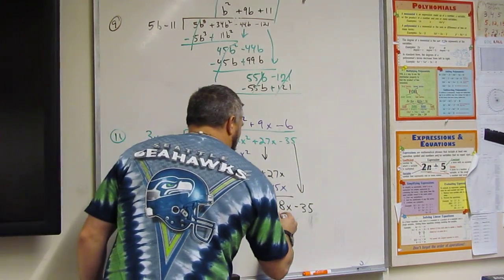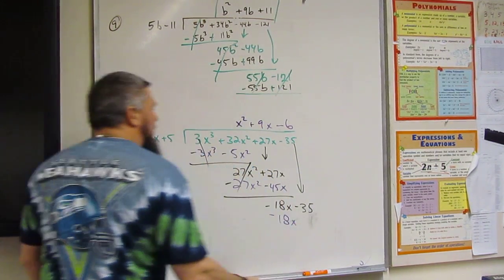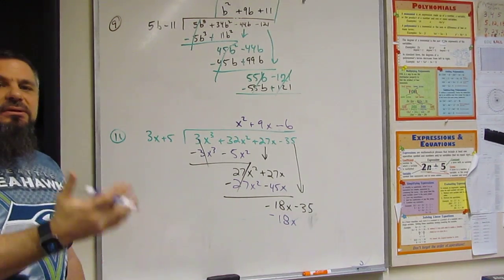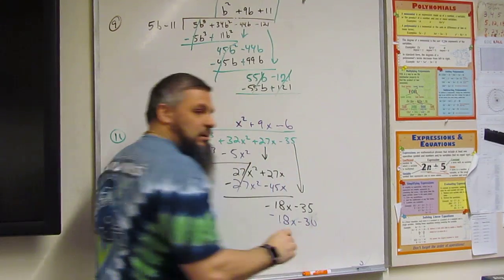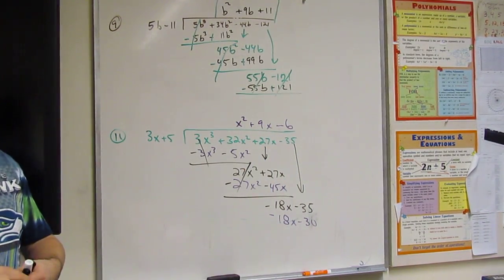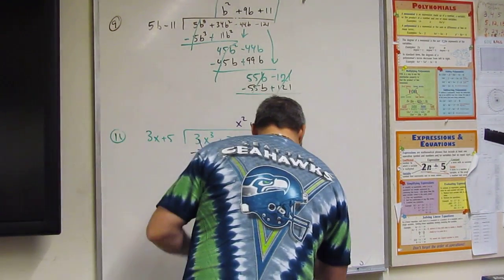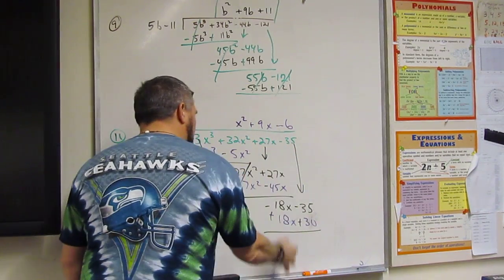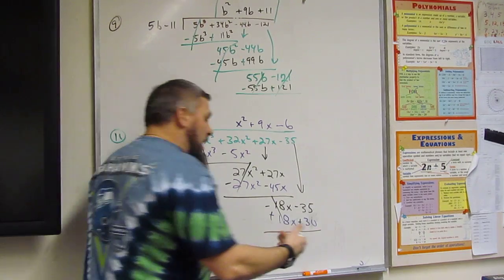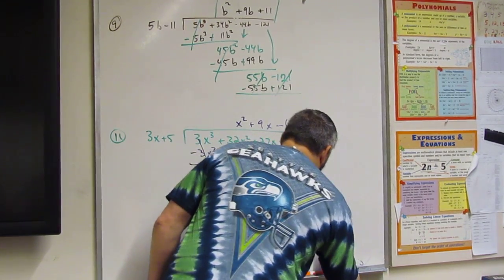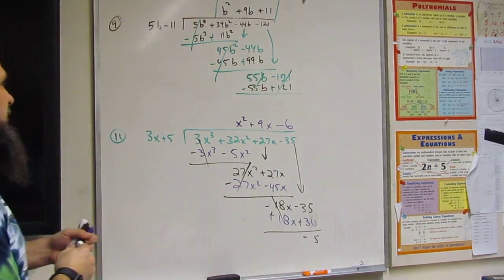Okay, so I get minus 18. And then I get minus 6 times 5, which is minus 30. And then draw the line, change the signs. So these are opposites. These are opposites, but I'm left with the minus 5. So what do I do with that?